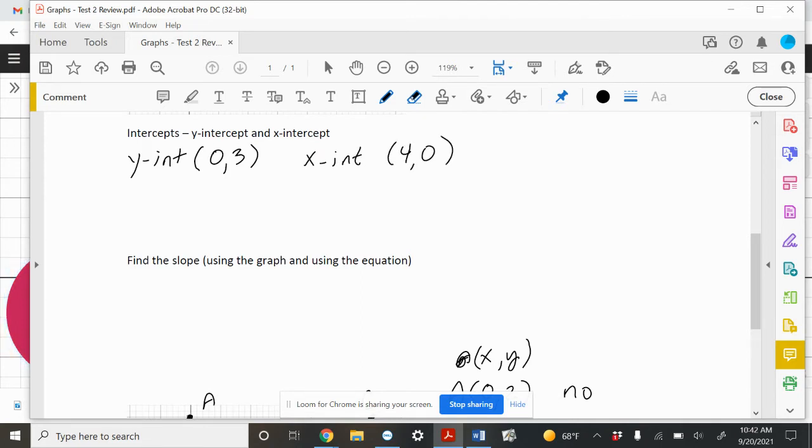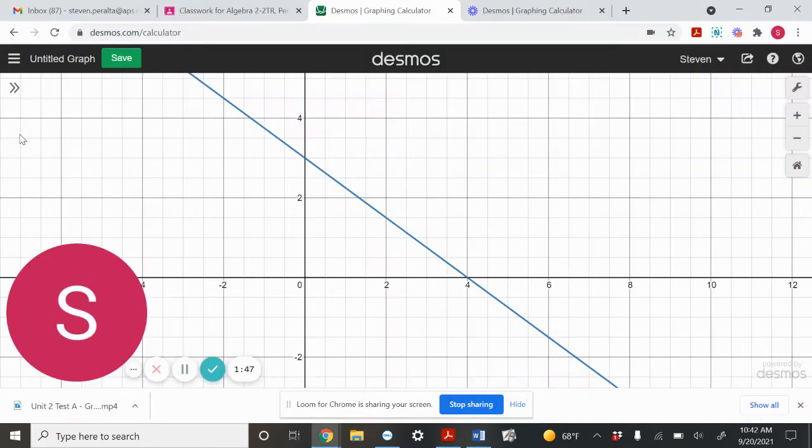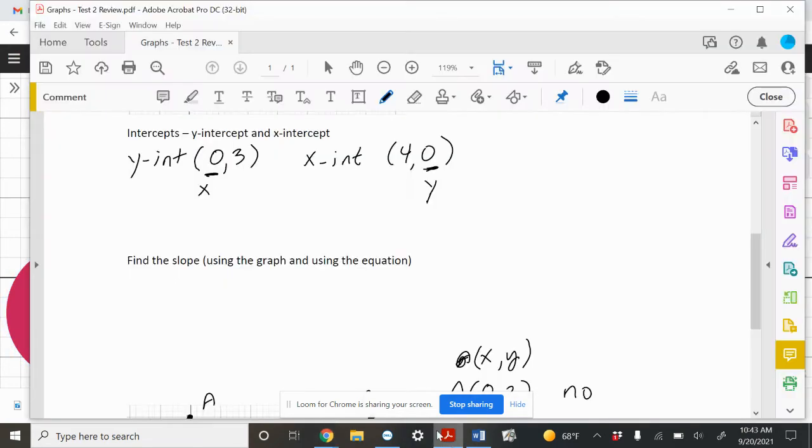Notice that for the y-intercept, the x is 0. That's my x value. And notice for the x-intercept, my y value is 0. So those are the 2 points that I determined for my x-intercept and my y-intercept, and again, those are the points I had marked there. So (0, 3) and (4, 0), as I already mentioned. We've got our intercepts labeled, and so we're good on that one.